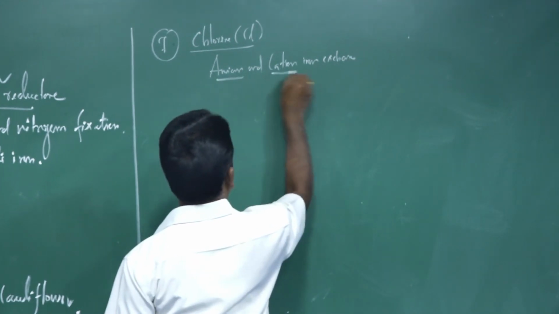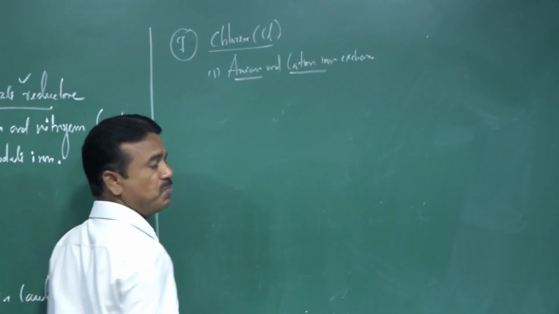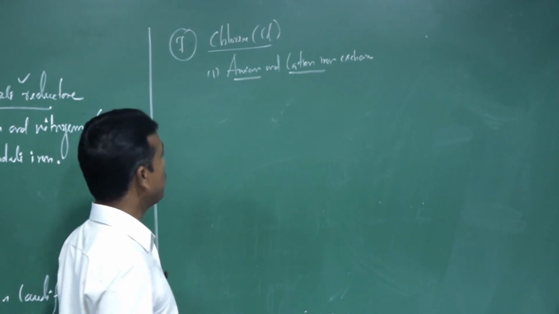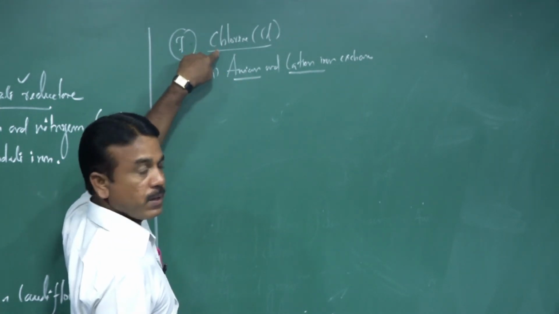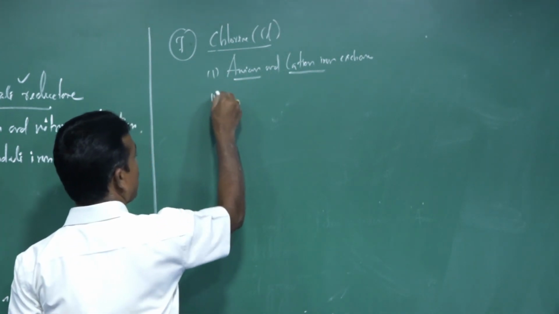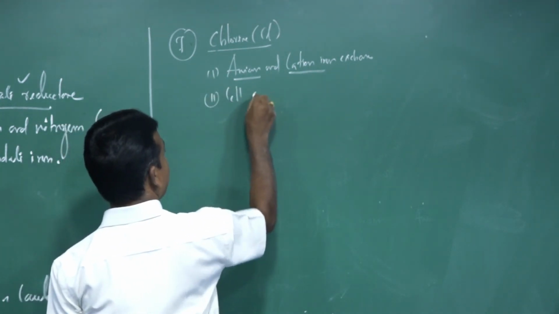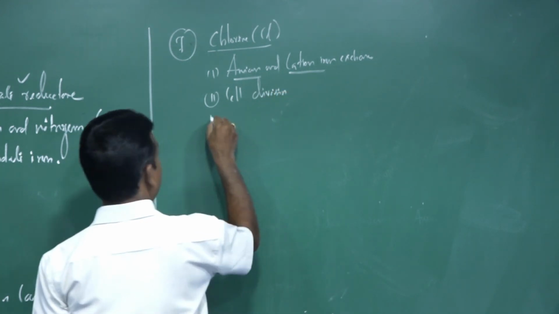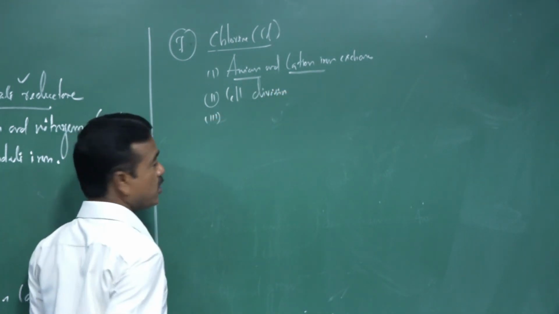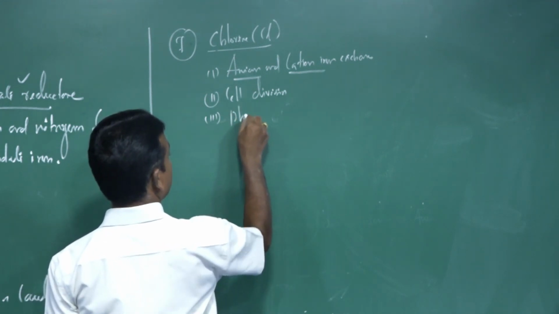So the positive ions and negative ions exchanged in the soil require chlorine. It is also responsible for cell division, as well as photolysis of water.